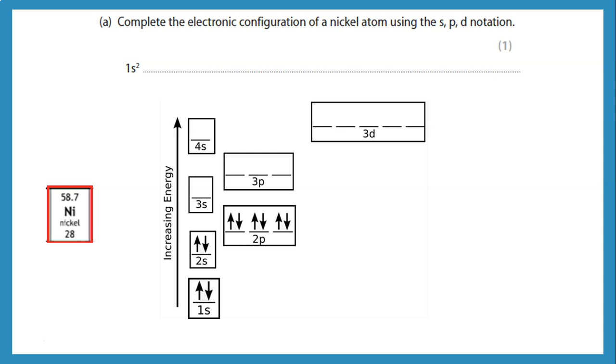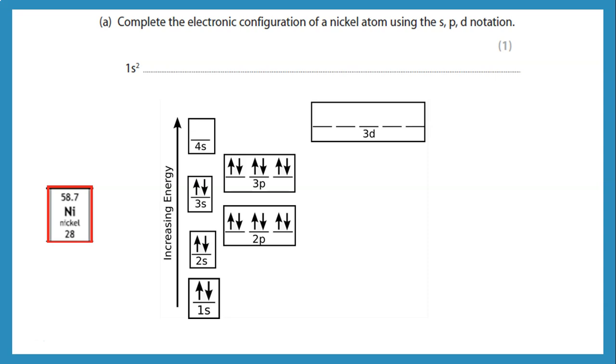So I go to the next energy level, the third energy level. This has 3s, 3p, and 3d. We start with the 3s, putting 2 electrons into the 3s. Then we still have some more, so we put electrons into the 3p.